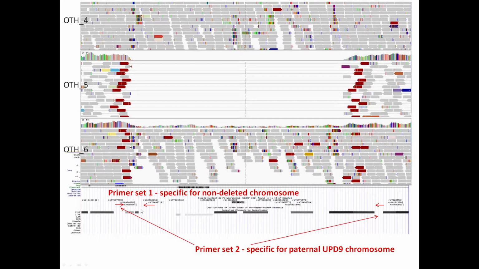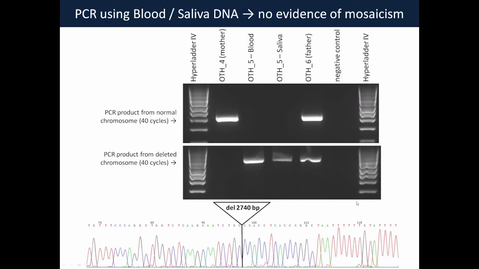So we designed some primers specific for the non-deleted chromosome and also specific for the deleted paternally inherited UPD chromosome. So we ran those PCRs, and this enabled us to validate the deletion, and it was actually slightly smaller than 3 kb.